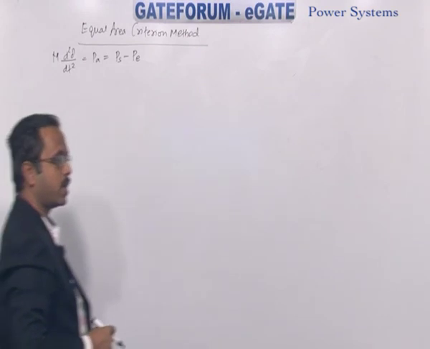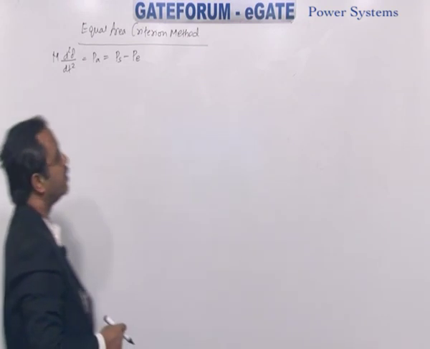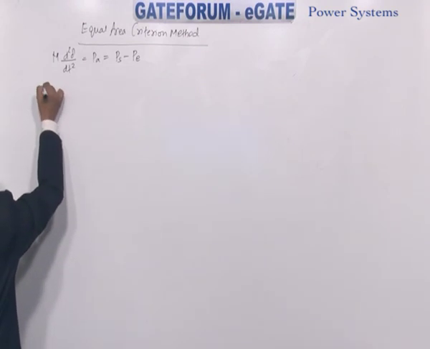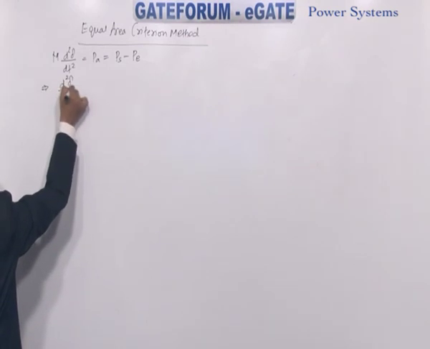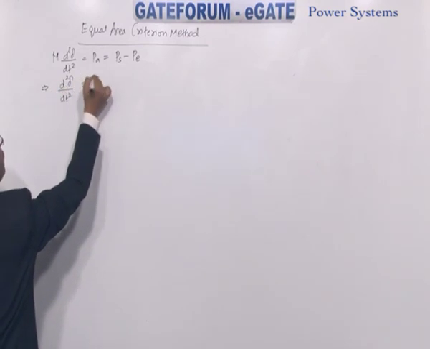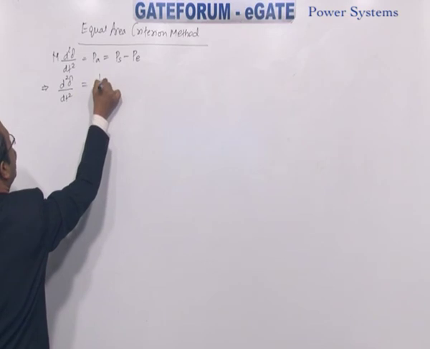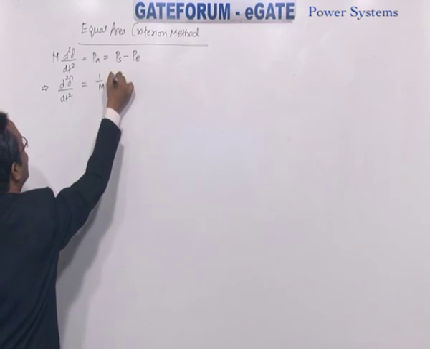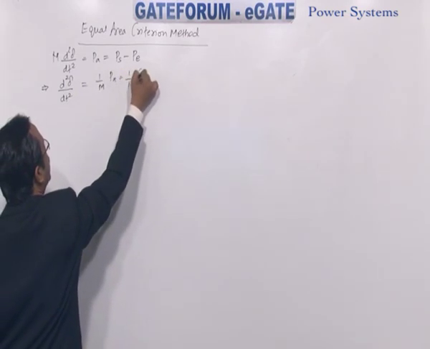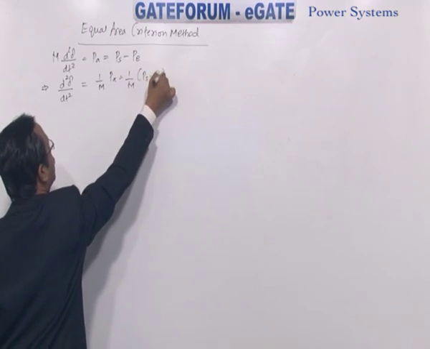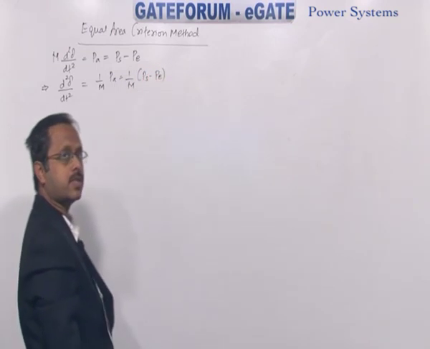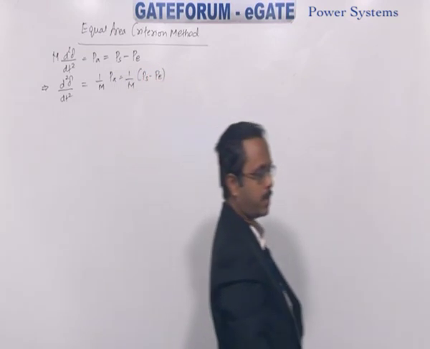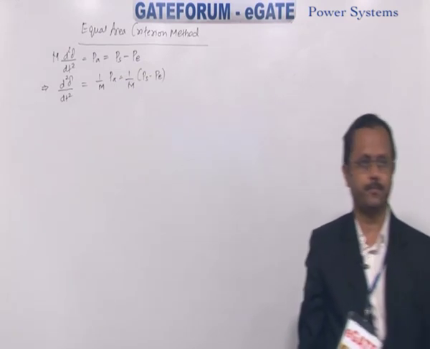This is how you begin our analysis here. Now in the next step, d square delta by dt square is 1 by M times Pa, that is 1 by M times Ps minus Pe. This is how you write d square delta by dt square here.